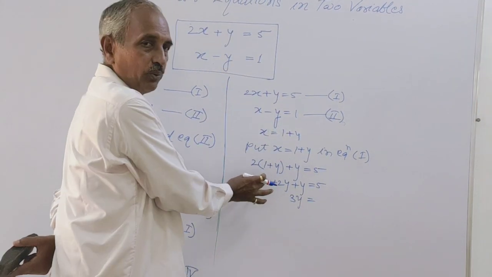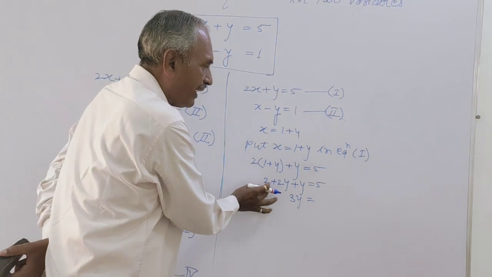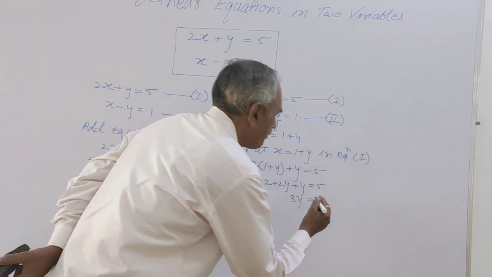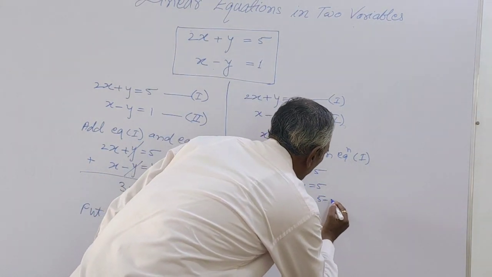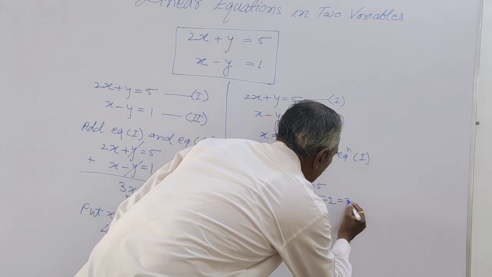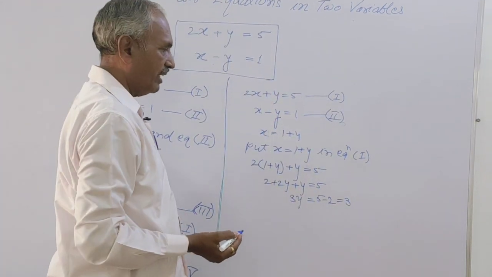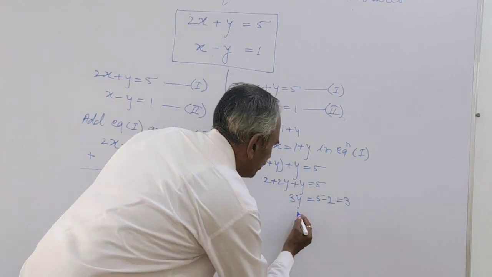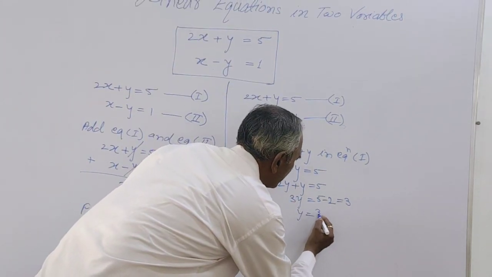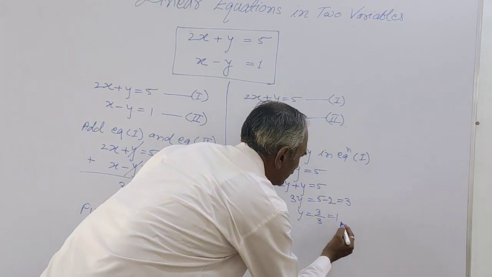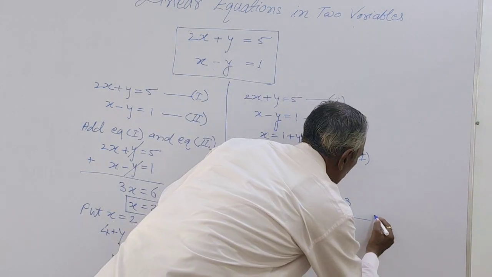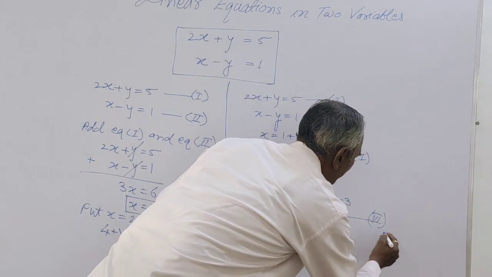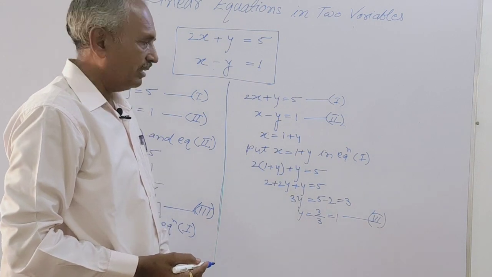And this 2, which is separate, I will transfer to the right hand side. It becomes 5 minus 2, which is nothing but 3. Therefore, y is equal to 3 divided by 3 is equal to 1. So here I got the value of y as 1.